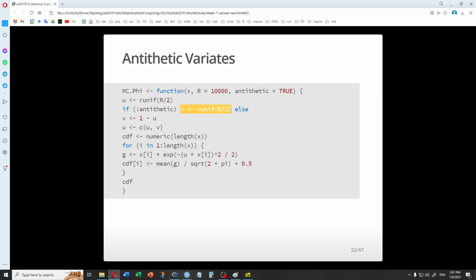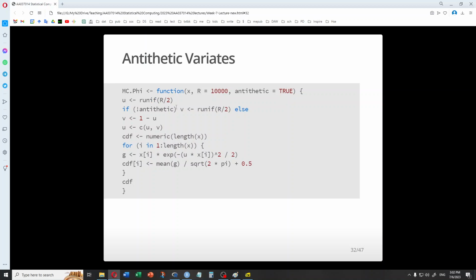So v is given by runif of R divided by 2, which means that if you put antithetic equal to FALSE, then both u and v will be runif.